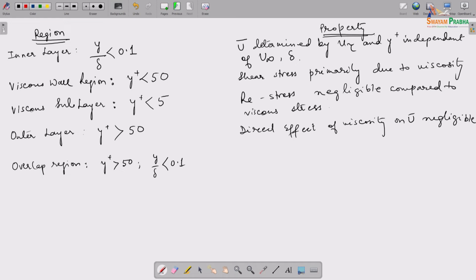Let's just say this is the inner layer, this is the outer layer, and this is the overlap region.